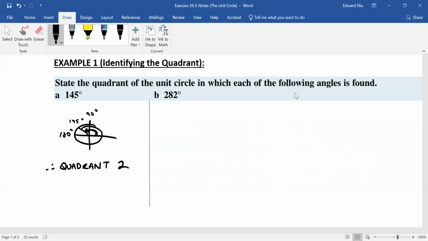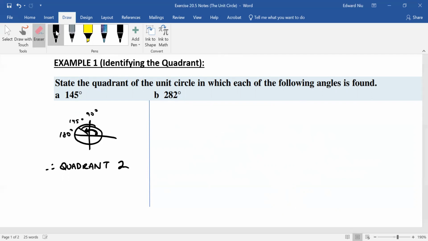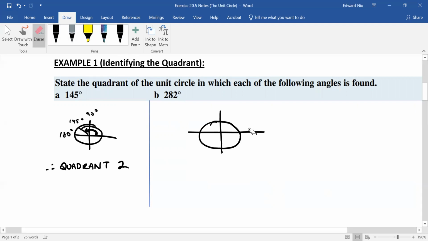Now for 280 degrees, 282 degrees. Let me try again. Let's try and draw the circle first. That's not bad. I'm happy with that. I'll take that. All right. Again, we start in the quadrant 1's x-axis, and then we go all the way around. Let's do the dot in the circle and a line in the circle.